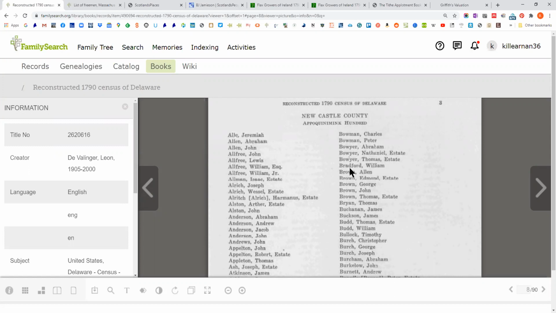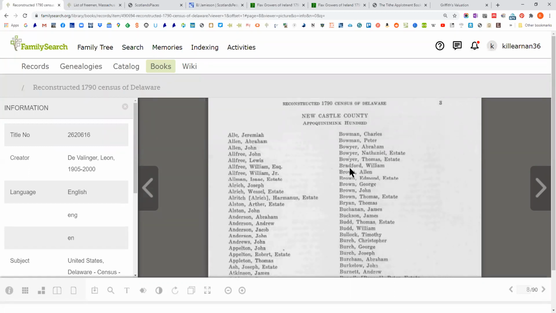You should always read the directions on any of these things, but particularly something like the reconstructed censuses, where they're taking names from, in many cases, an array of sources. It's really important to figure out whether somebody's missing for a reason or if they're missing because they didn't qualify.